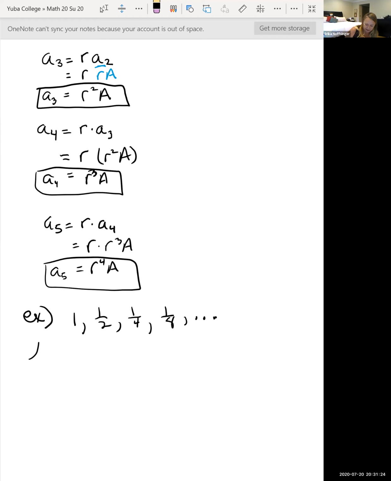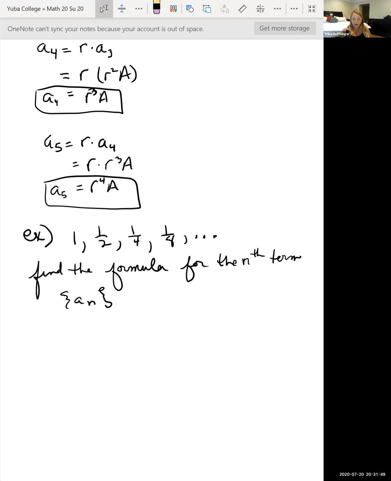And we want to find the formula for the nth term, a sub n. Okay, so I noticed we have fractions. If we look at this, you're trying to find patterns.